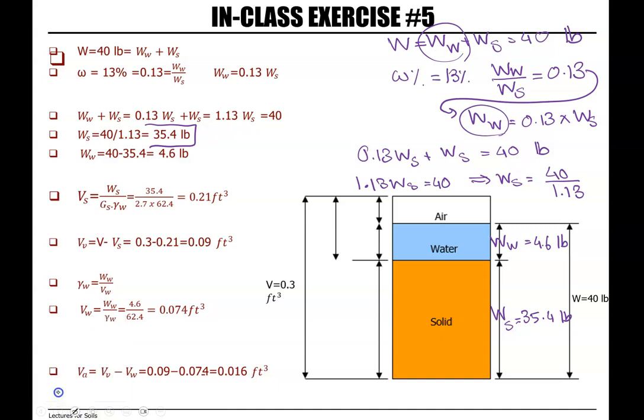The question gave us a specific gravity of solids as 2.7. So you can calculate volume of solids as weight of solids divided by Gs times gamma W. And volume of solids is 0.21 cubic feet.